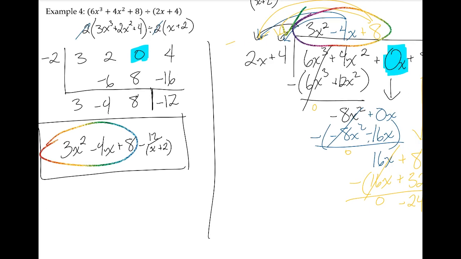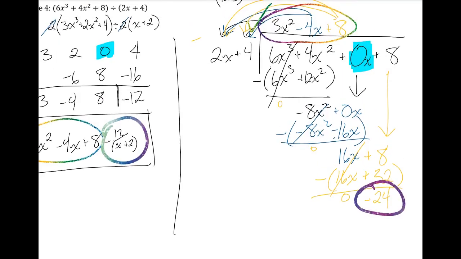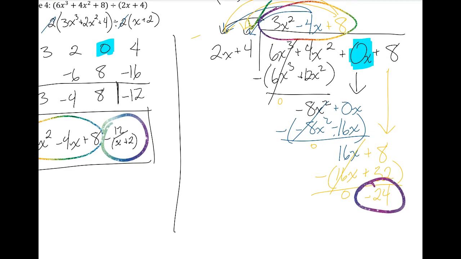But this part does not match my remainder from my long division. And the reason for that is because we didn't factor out that 2 here. So my original solution, based on what I've done so far in long division, would be 3x squared minus 4x plus 8 minus 24 over 2x plus 4.